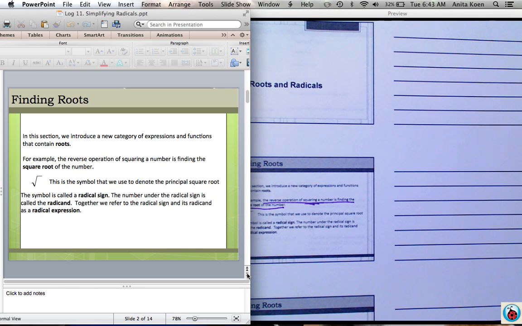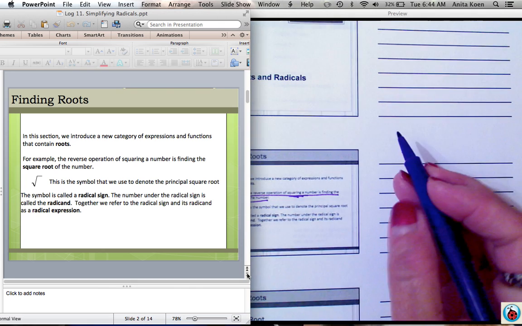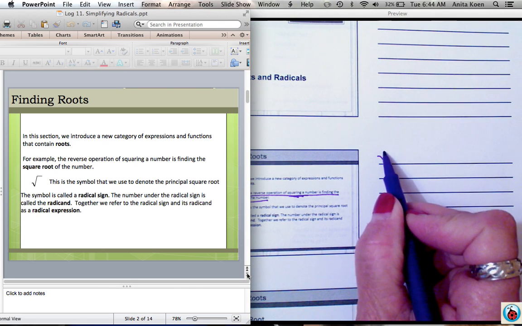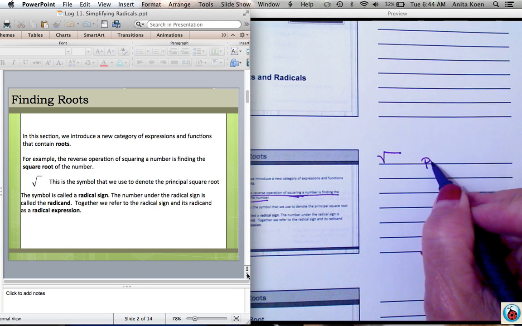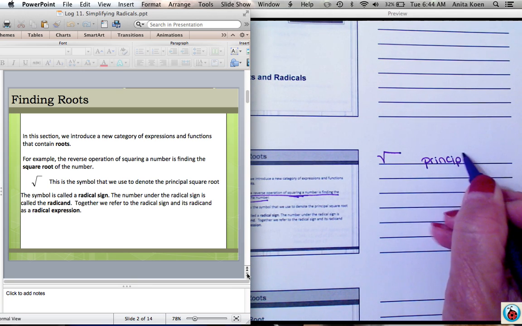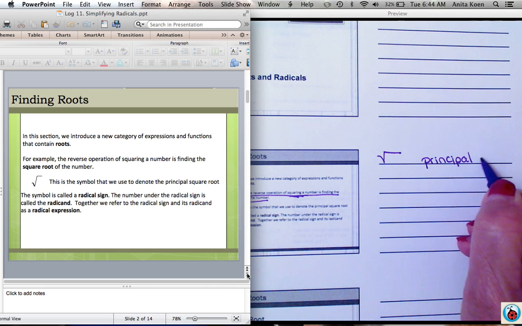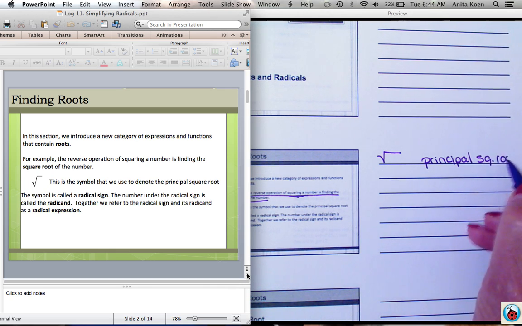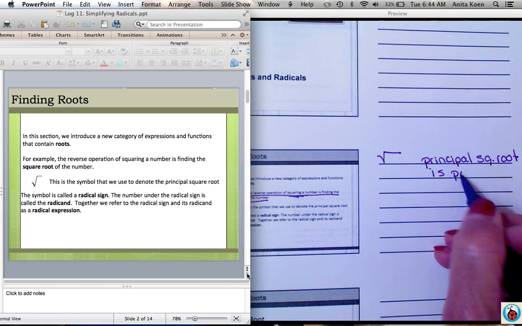This is the symbol that means the principal square root of a number. Okay, this symbol means the principal or the positive square root. And remember that the principal square root is positive.